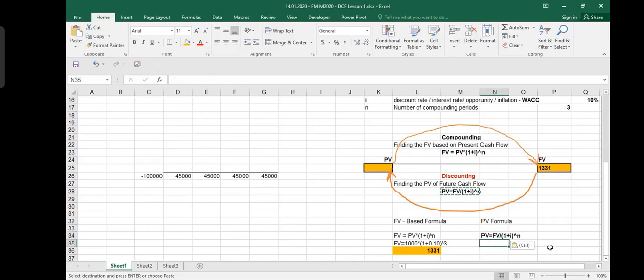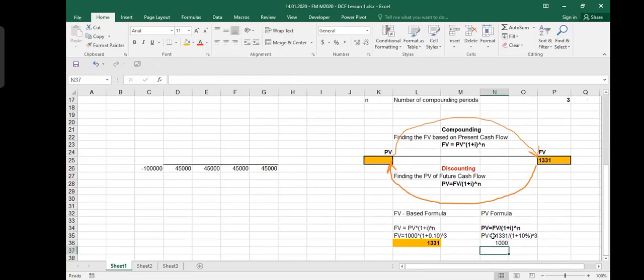And then I need to put the values. Present value is equal to, I don't know the present value, I have to calculate. My future cash flow is 1331. I divide it by 1 plus 10%, and I say power 3 because I'm receiving it after 3 years. And then I copy paste it here and allow me to remove this PV thing, and I put equals to sign.